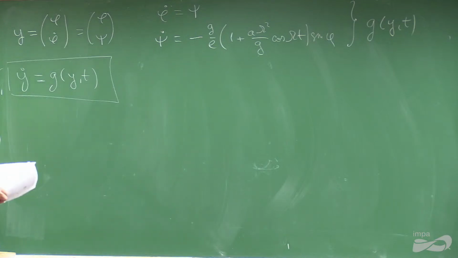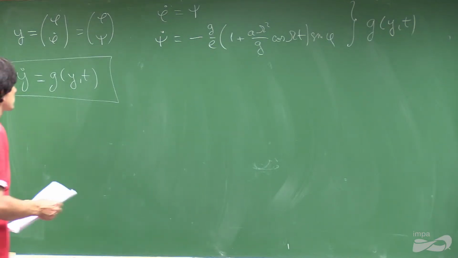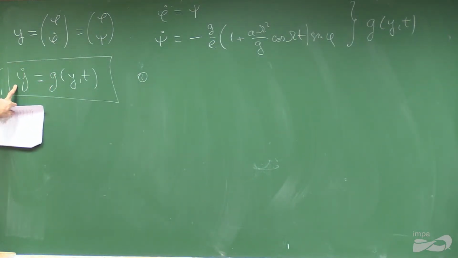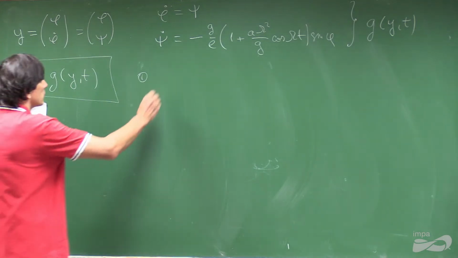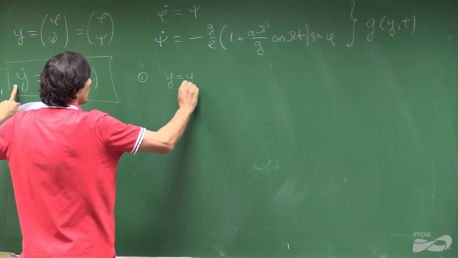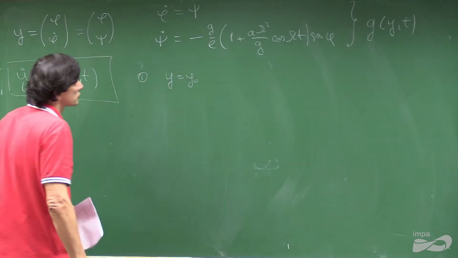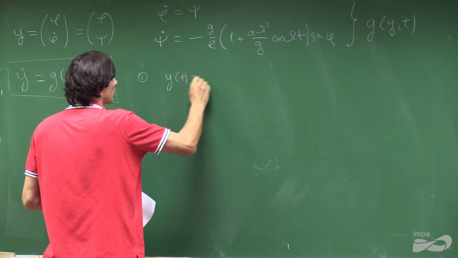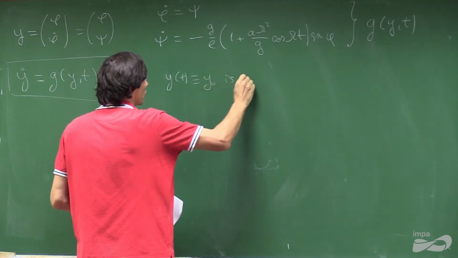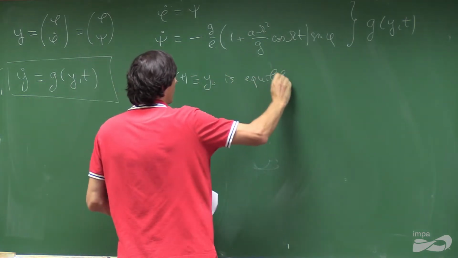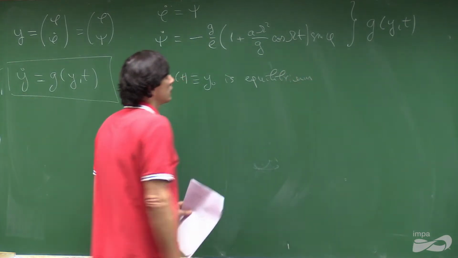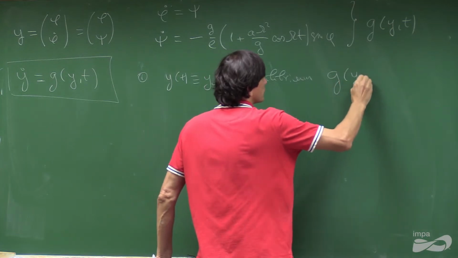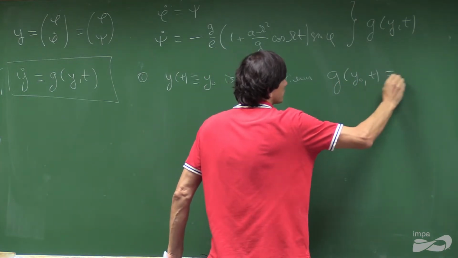The first property is that we assume that y zero is a solution, is an equilibrium. So it means that g of y0, t is 0.